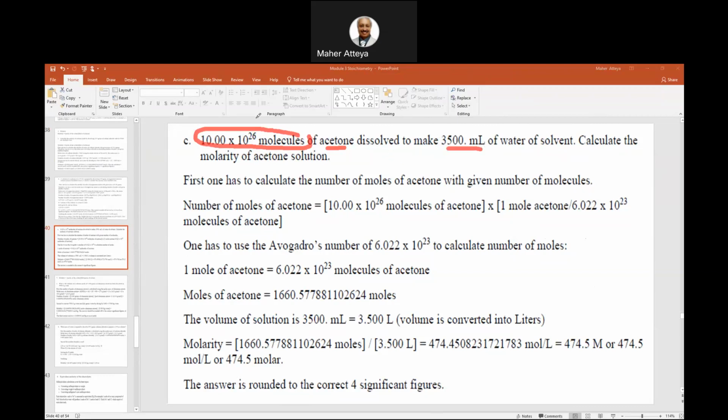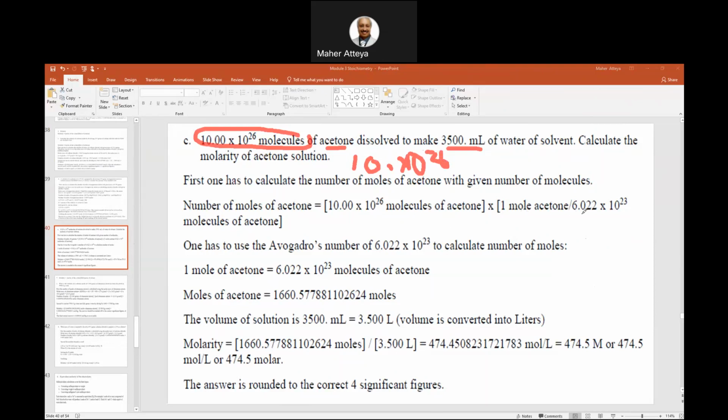So if I have those molecules here, I will take this number here, 10 to the power 26, correct? You divide by Avogadro's number, which is molecules per mole. So you divide by Avogadro's number.